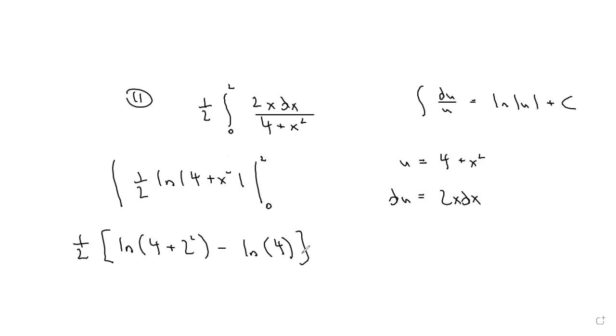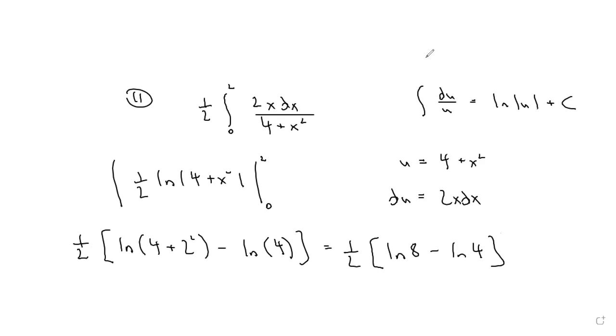Okay, so far so good, and now let's just keep going and see what final answer we get. So 1 over 2 square bracket ln of, so 2 squared is 4, so 4 plus 4 is 8. So ln of 8 minus ln of 4. One thing that's nice here is we can use a ln formula to combine these.